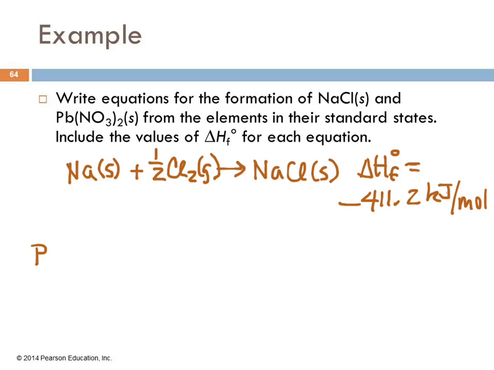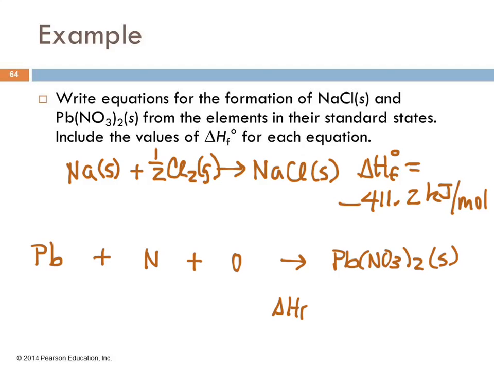So there's going to be lead, nitrogen, and oxygen, and we're going to end up with lead nitrate, solid. I'm just going to plan to put the heat of formation down here.